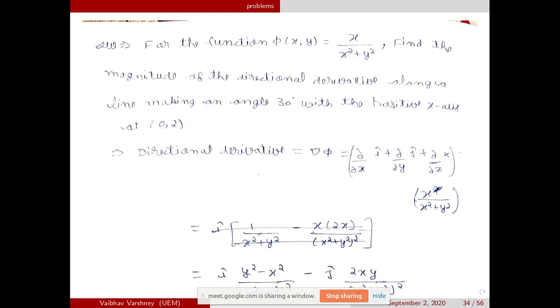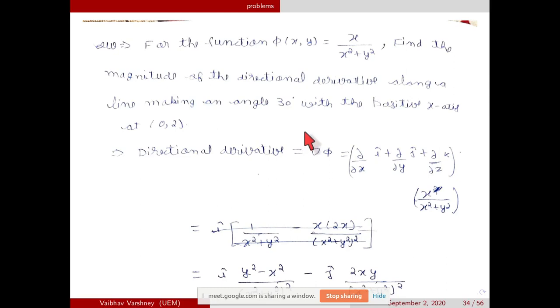Okay. Can anyone suggest how to do this? Any idea? Any tips? How to start? How to proceed? So this point should be clear that we have to calculate the directional derivative. So it must be understood that we have to calculate the gradient of phi.